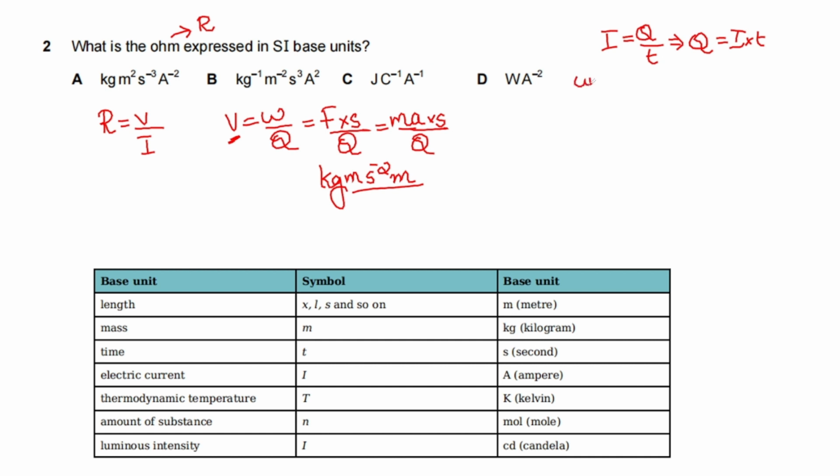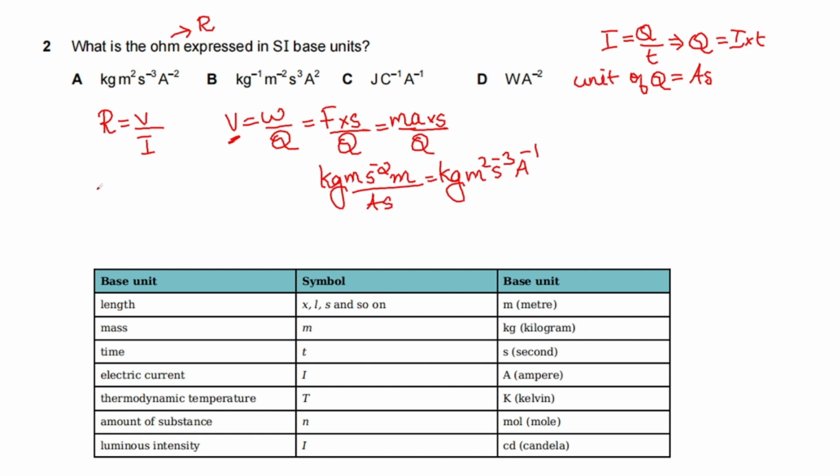So the basic unit of the charge would be the unit of current, which is amperes, multiplied by seconds. So here it would be ampere second, which gives kilogram meter squared s to the power of -3 ampere inverse. So this is the base unit for voltage.